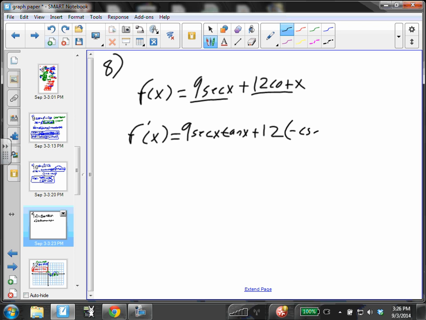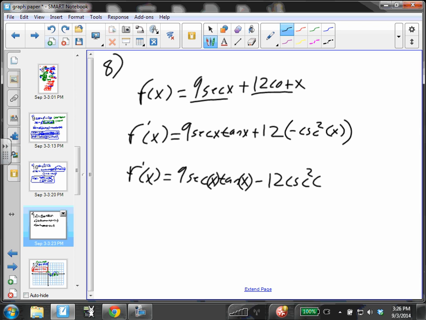So negative cosecant squared x. So f prime of x is equal to 9 secant x tangent x. And I'll put parentheses around my x's so it doesn't look like I'm just writing random letters, right? And then this 12 is multiplied by a negative cosecant squared, so I'm going to call it negative 12 cosecant squared of x.